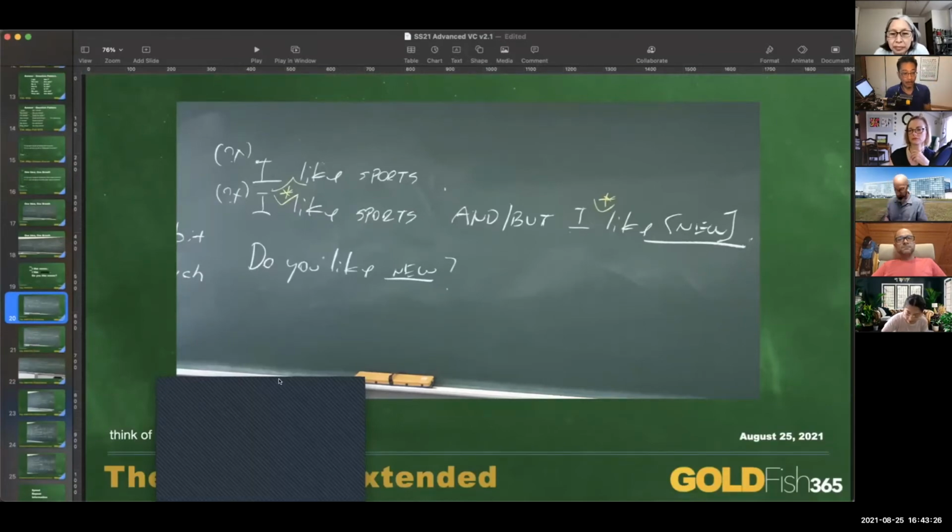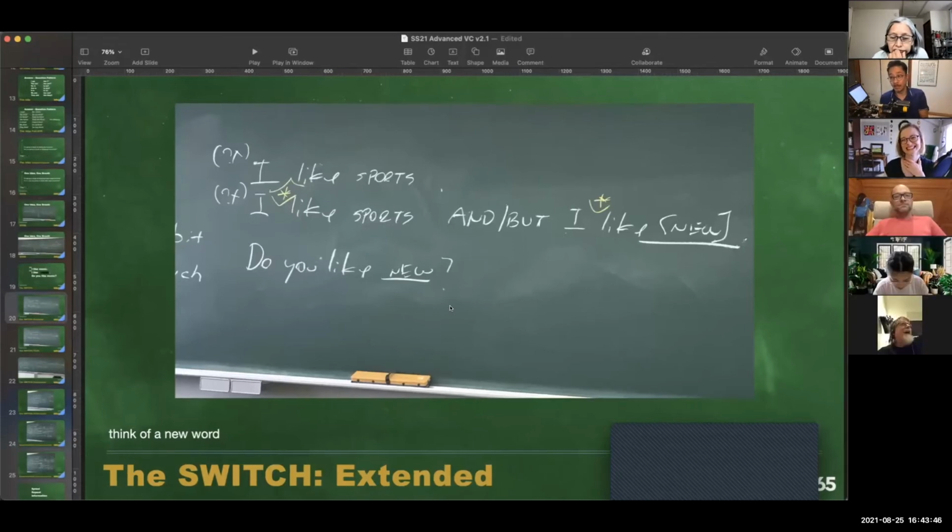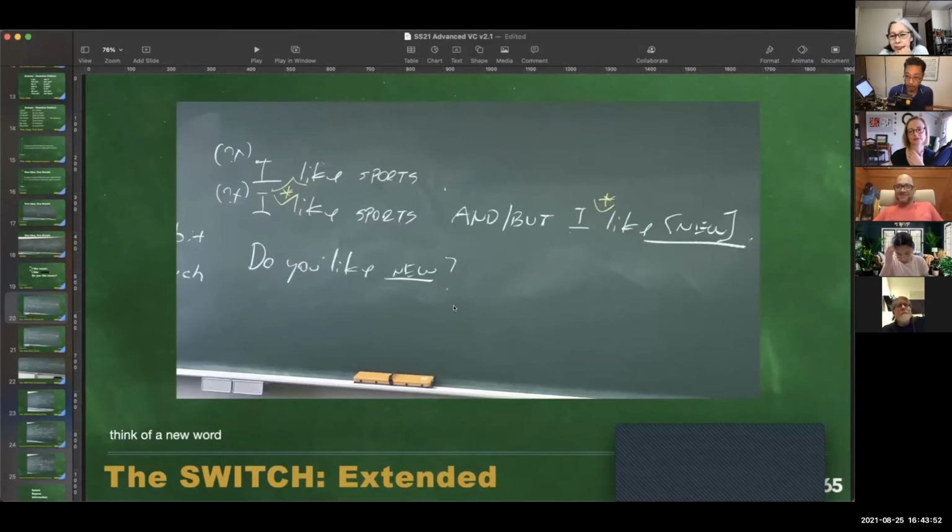When I start saying the switch has been extended, and by the way, I call this phase of VC the switch because they're switching these words. The first part that you want to try is to get them to actually say their own opinion about this thing that they have been asked of. If they don't like pineapple pizza, then it's okay. Just say, I don't like pineapple pizza. If you don't like sports, and there's some girls that don't like sports, say that you don't like sports. So that would be the first thing that you say.